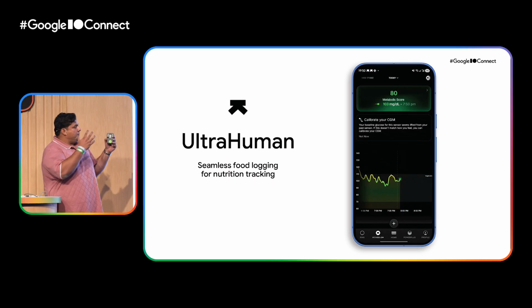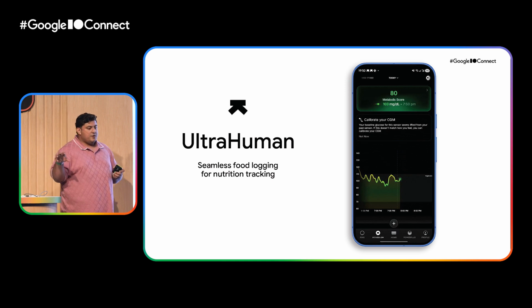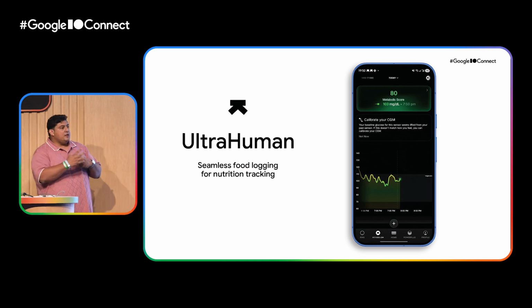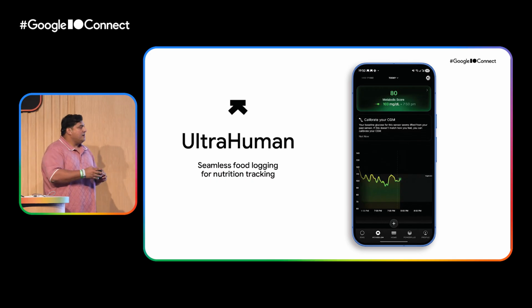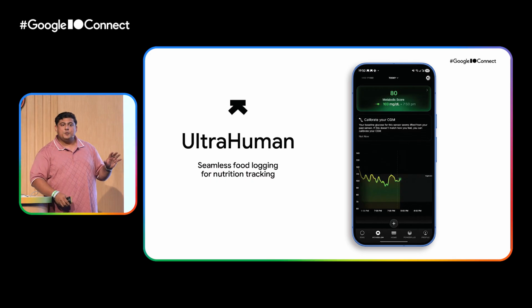They built a feature which takes a picture of the food that you're eating, and it approximately calculates the caloric value of the food, making the whole food logging experience simpler. And with that, they've seen a 50% improvement in the number of people who are consistently using this feature.